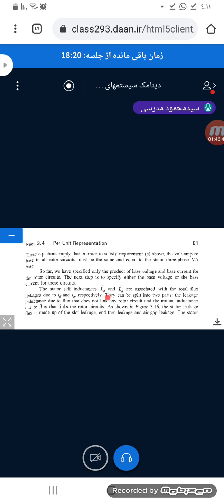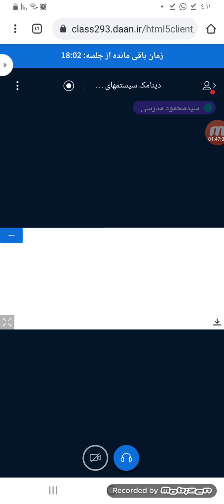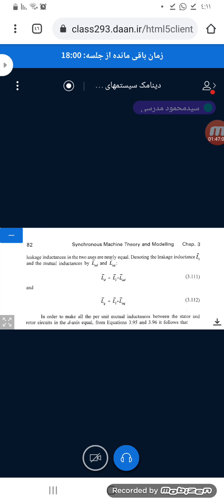Stator inductances L_d and L_q are associated with the total flux linkage due to i_d and i_q respectively. The leakage inductances in the two axes are nearly equal.